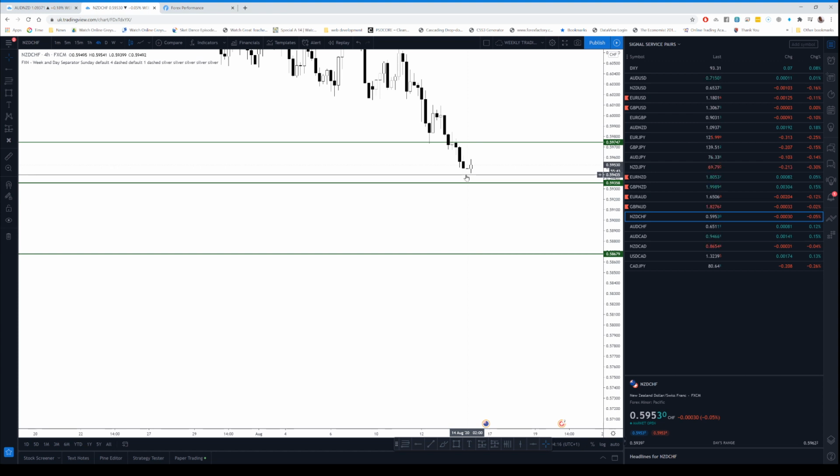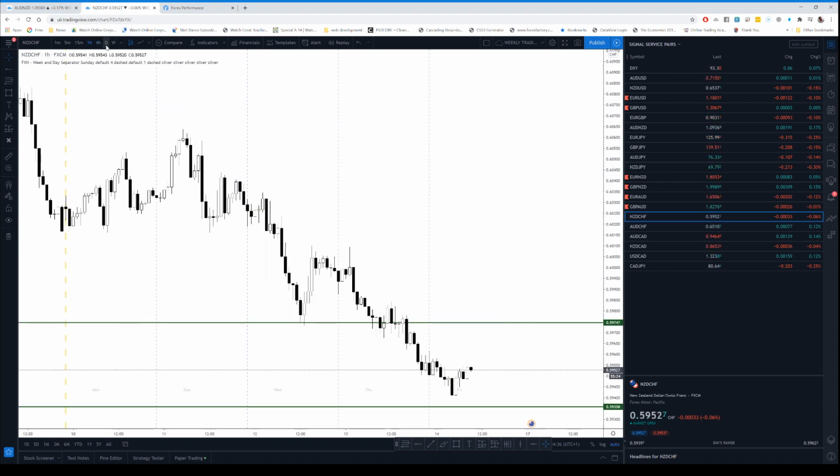Usually the low doesn't form in Asia. I've not seen a low form. It's rare for a low to form in Asia. So maybe we can see another push to the downside on this one.